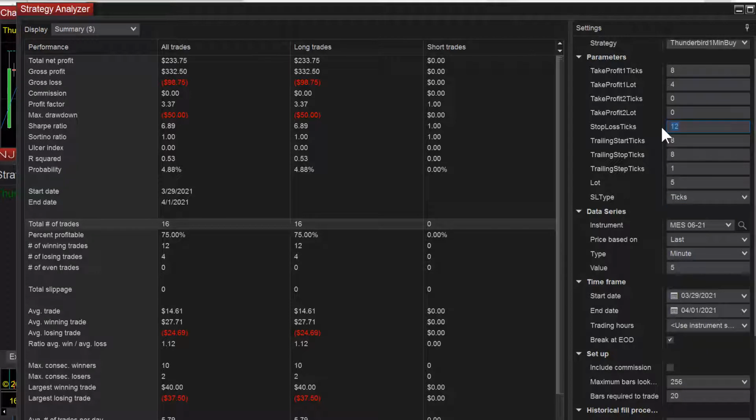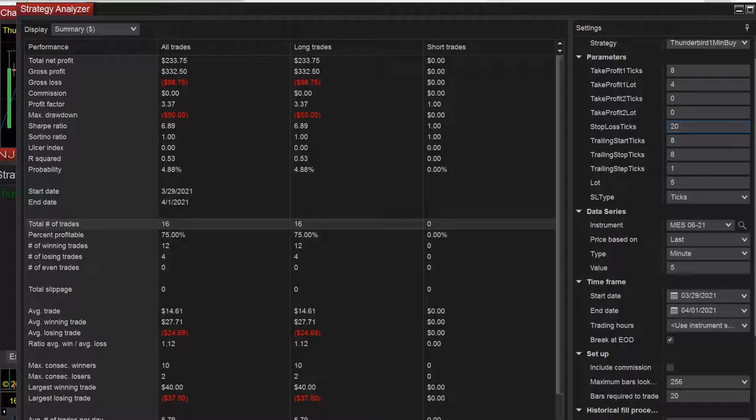That gives us a 5 point stop. That's a pretty big stop, but I just want to give it enough time because I know my divergences on the 5 minute are very close. And we could tighten this, and we could optimize this using the optimization tool. But I'm just curious if we could get rid of the losses by increasing those candles.